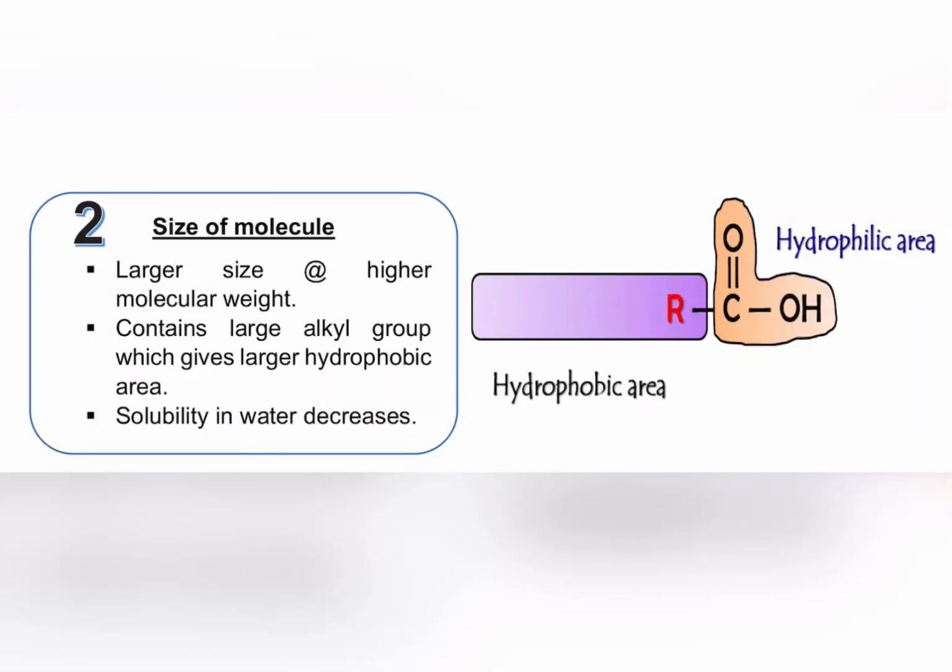Now we go to the second factor affecting the solubility of carboxylic acid in water, which is the size of the molecule. If you have two different sizes of molecule, one of them has a larger size or higher molecular weight. This refers to the number of carbon atoms in that carboxylic acid, so we are referring to the alkyl group here.